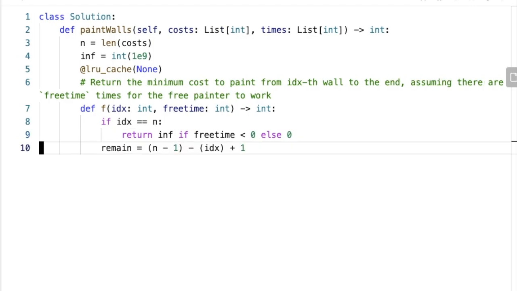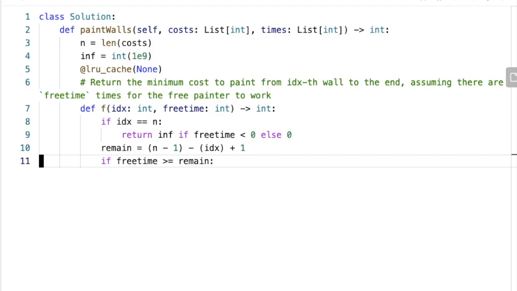Otherwise, we calculate the remaining elements that we have from index all the way to the end. And if the free time is greater or equal to remain, it means that because the free painter is actually very efficient, I'm not sure why it is called free painter, it's actually more efficient than the paid painter.